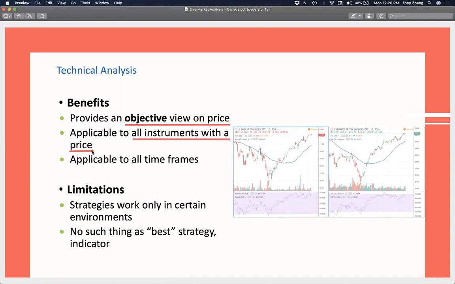Meaning if you're trading the banks, you have to have a decent understanding of interest rates, because the revenue of banks is heavily dependent on interest rates. So being able to take a fundamental view on a bank is different than taking that same fundamental analysis and applying it to interest rates. The reason that I like technical analysis is because whatever I use to analyze a bank stock's price, I can use that same analysis to look at interest rates.